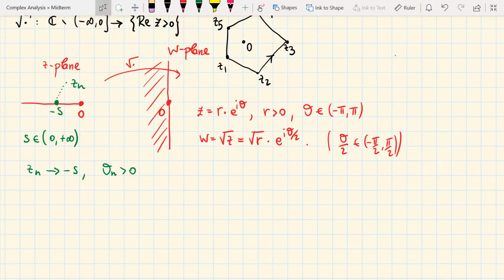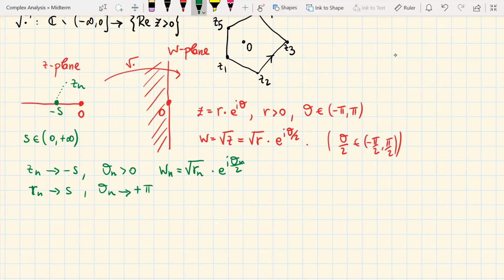Then, according to the formula, what happens to Wn? Wn is the square root of Rn times e to the I theta n over 2. And we know that since Zn converges to minus s and theta n is positive, then Rn is converging to s, the norm of minus s, and theta n is converging to plus pi.